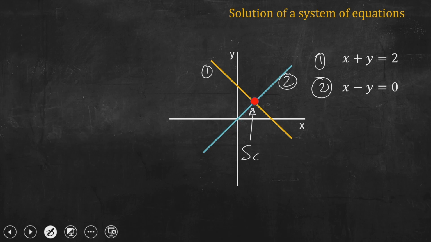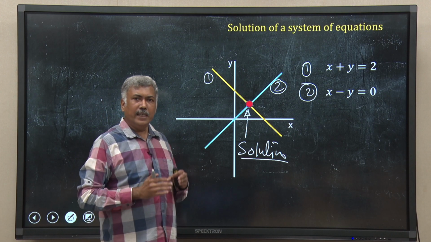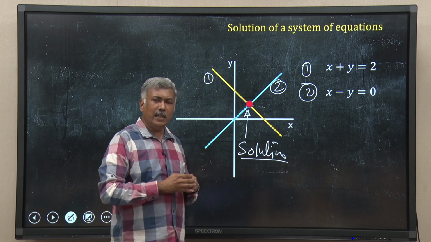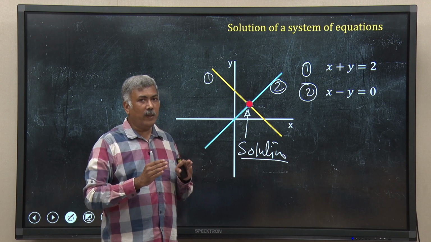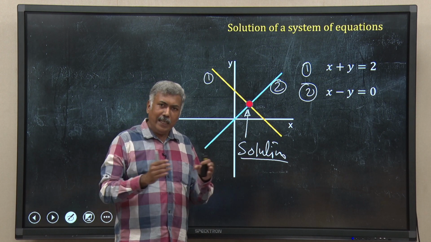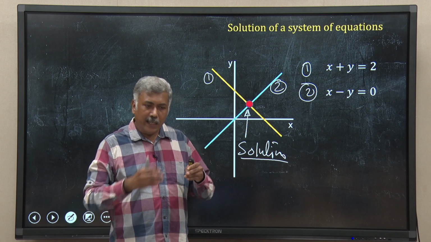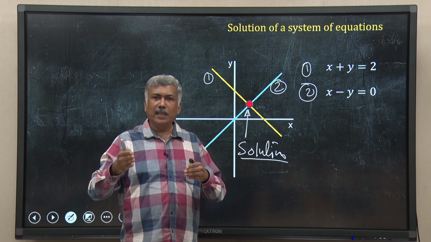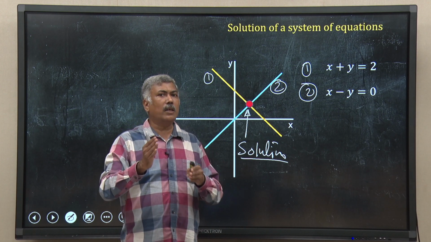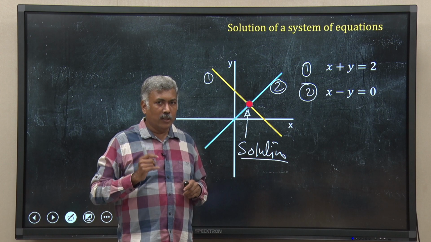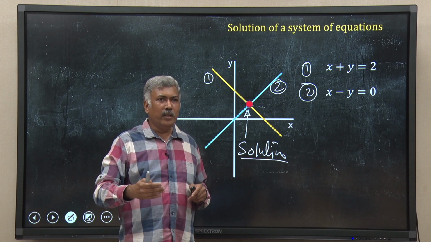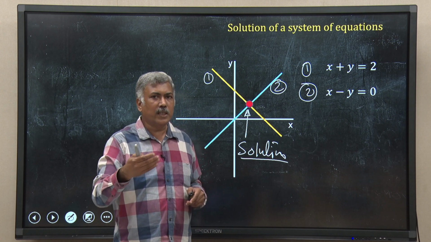That is the solution, because at that red dot, the values of x and y satisfy both the straight lines. So, for any linear system of equations, the intersection of these lines in my space will be the solution, right. We will try to use this concept to explore some systems of linear equations.